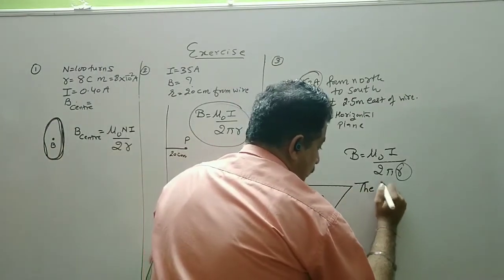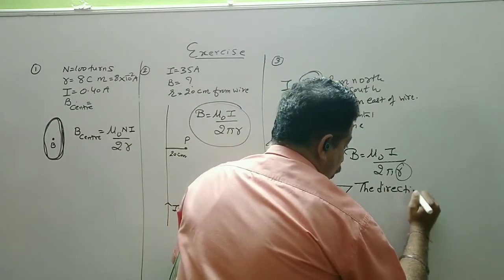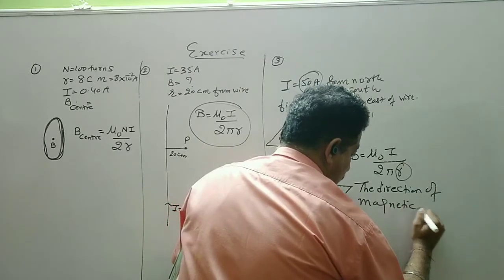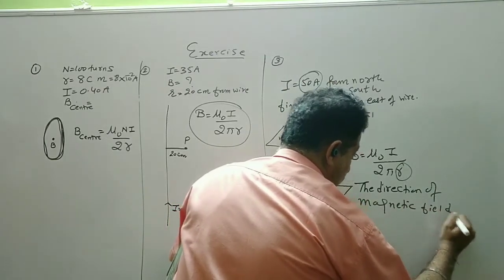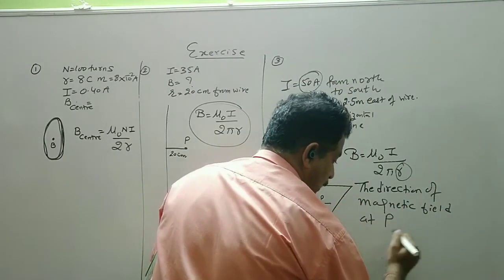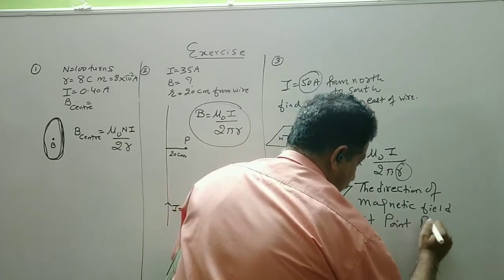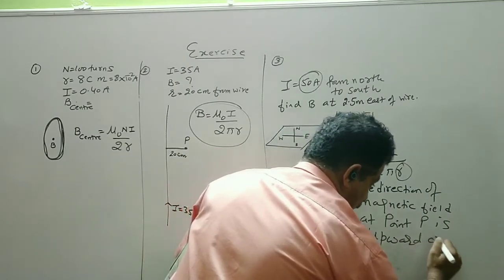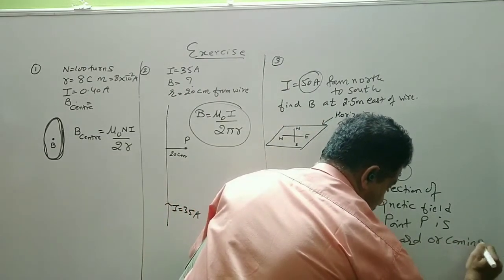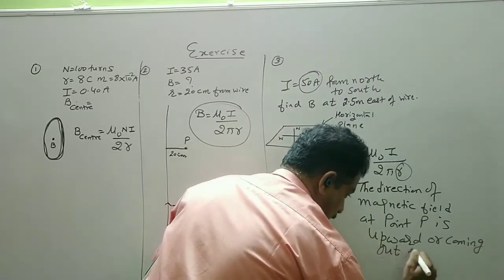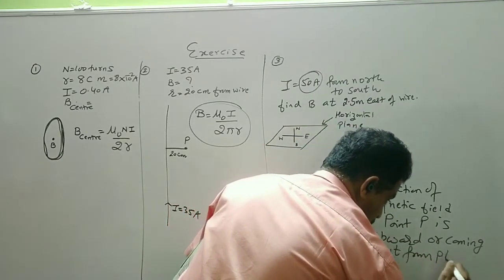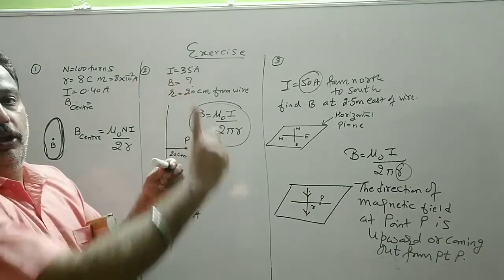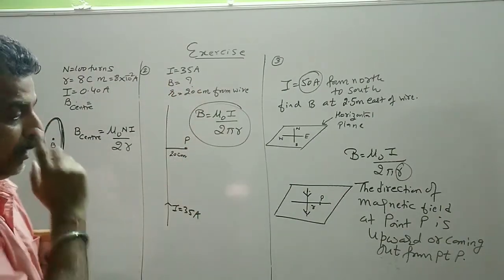So the direction of magnetic field at point P is upward, or you can say coming out from point P. So it is coming out or originating from the point P.